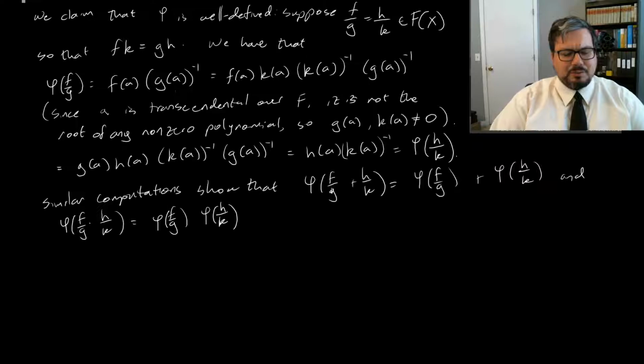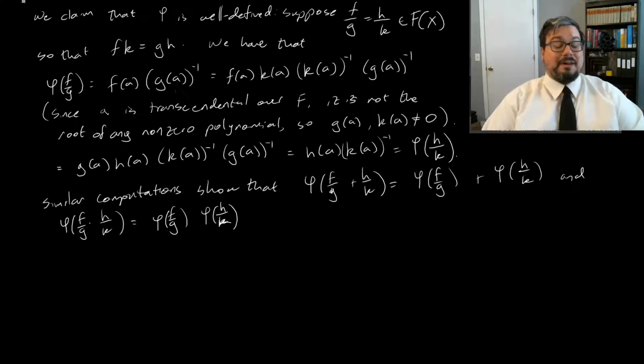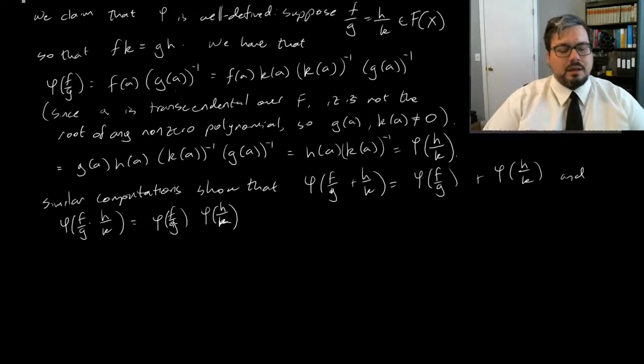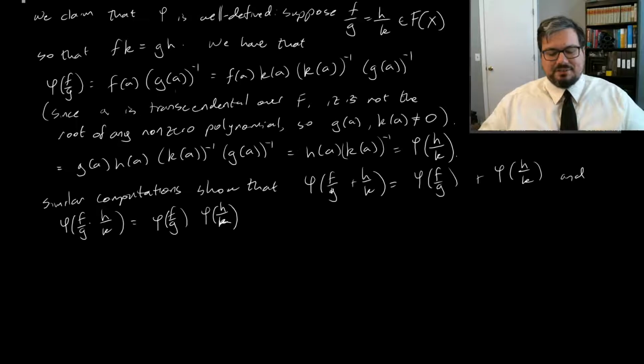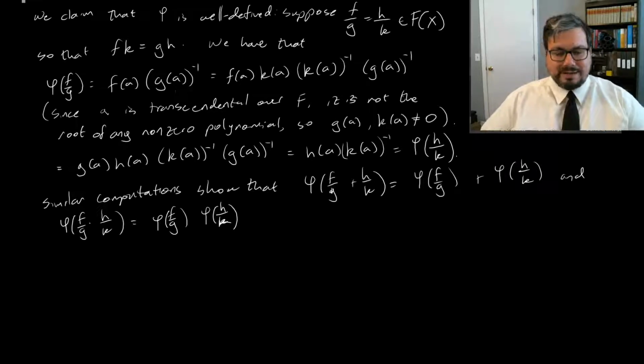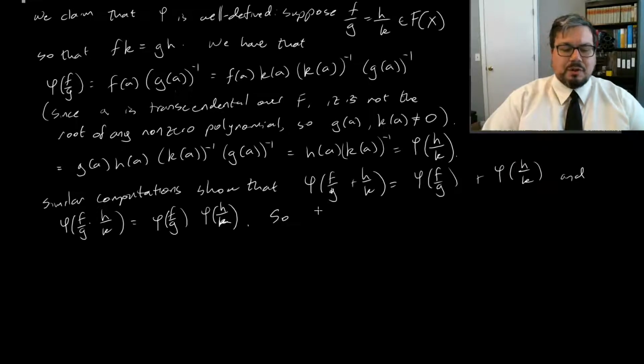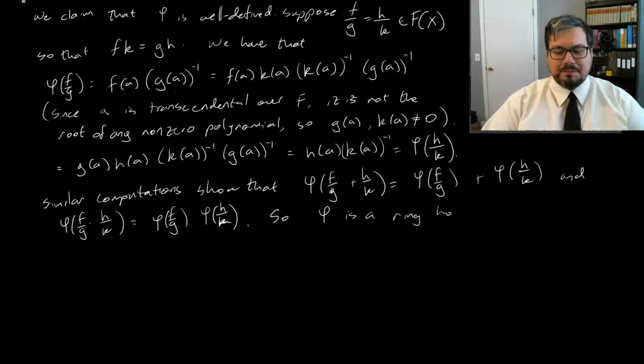In each case, you basically just evaluate both sides by the definition and then observe that they happen to be the same, using associativity and distributivity and all of our standard ring theoretic stuff. So this means that phi is a ring homomorphism.